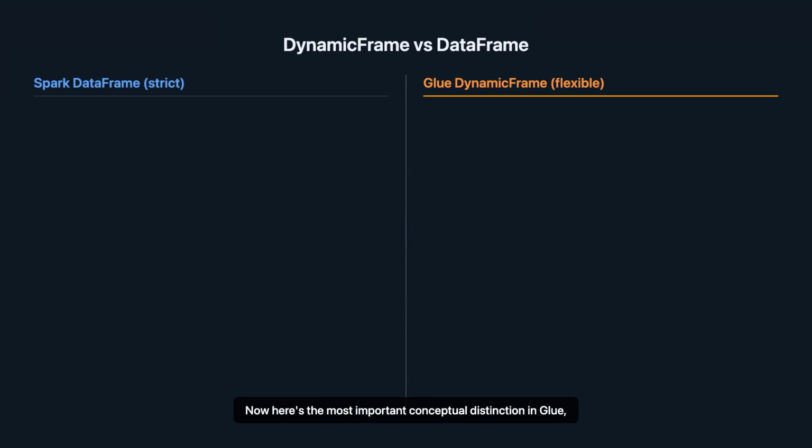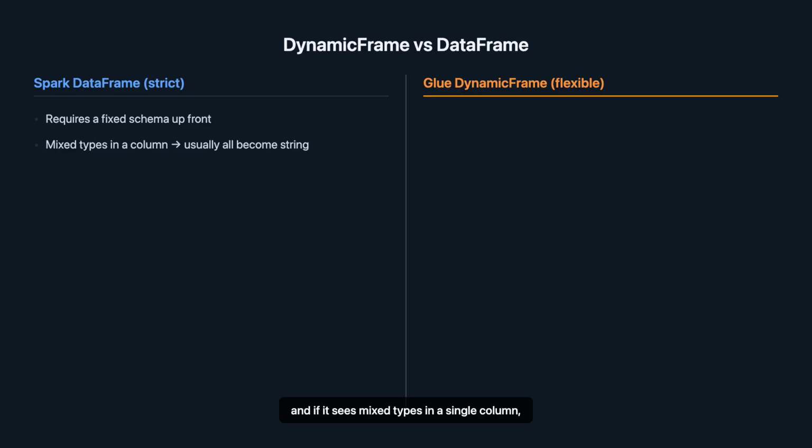Now here's the most important conceptual distinction in Glue, and it shows up constantly on the exam. On the left, a standard Spark data frame is strict. It requires a fixed schema up front, and if it sees mixed types in a single column, it usually gives up and just calls the whole column a string. Data frames are fast and efficient on clean tabular data, but they break badly when schemas drift.